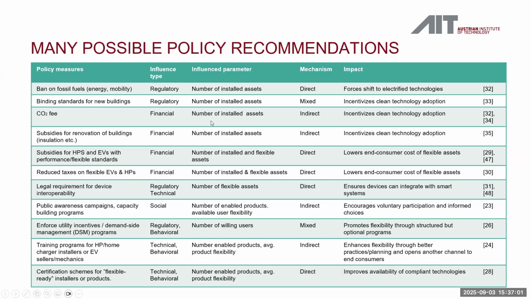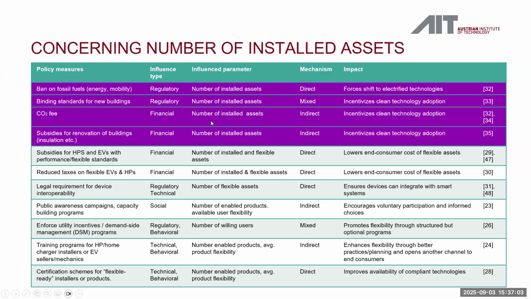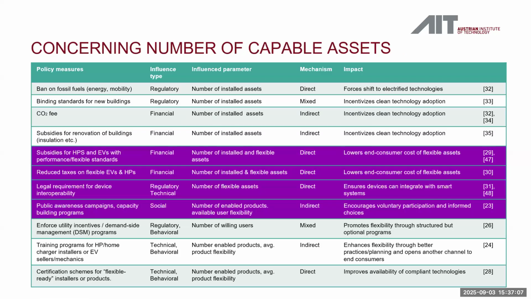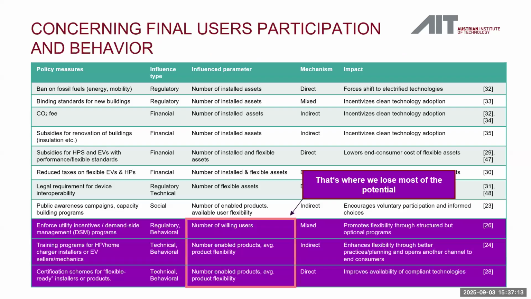And the influence parameter. So there are policy measures that are influencing the number of installed total assets. There are policy measures that are influencing the number of capable assets, and that's where we lose the most, and the influence on the number of use, participation, and behavior.